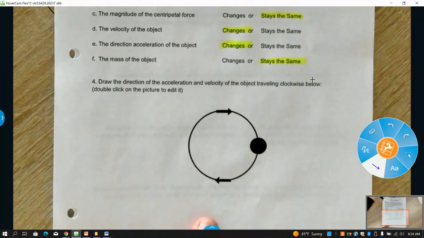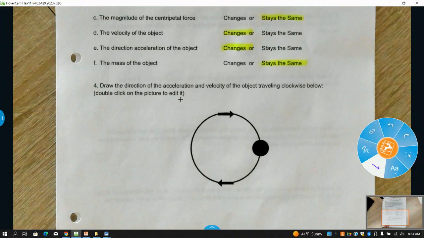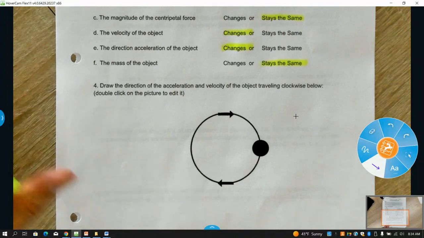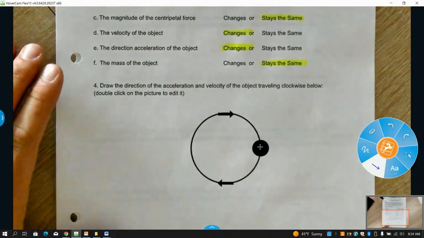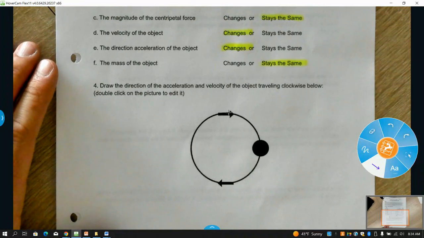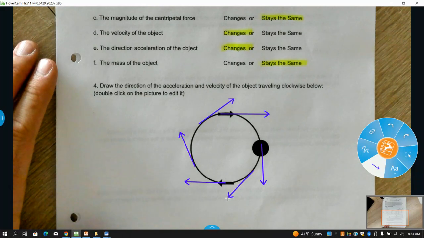So if you had to draw in the acceleration vector, I want you to draw in acceleration, centripetal force, and velocity at this dot. So velocity is always basically a straight line at whatever point we're talking about. Now, if this thing is moving clockwise, it would be like that. This one would be over here. You'd have something like this, like a spinning ninja star.